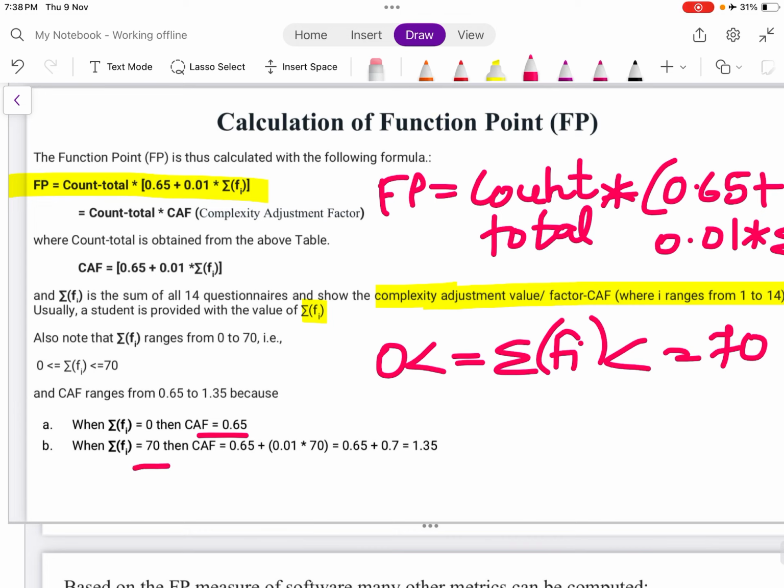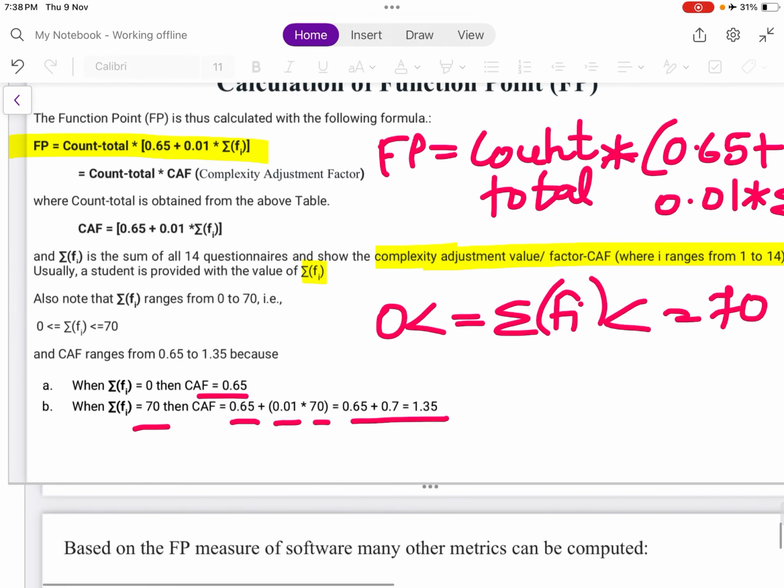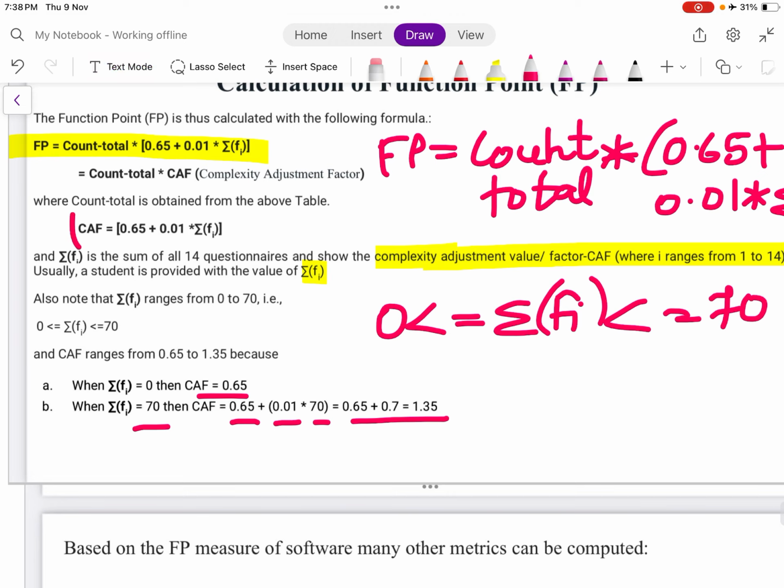Summation of Fi, if you put the maximum value, then 0.65 plus 0.01 into 70 gives 1.35. So what is CAF? CAF is this part. Into, if you do count total, you get FP.